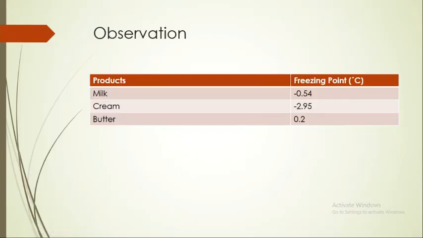From doing that practical, we come up with the observation that milk has a freezing point of 0.54, cream has a freezing point of 2.95, and butter has a freezing point of 0.2, because when the evaporator reached this temperature, it sustained it for a very long run. During that complete duration only latent heat transfer is going on and the liquid part is converting into the solid phase.